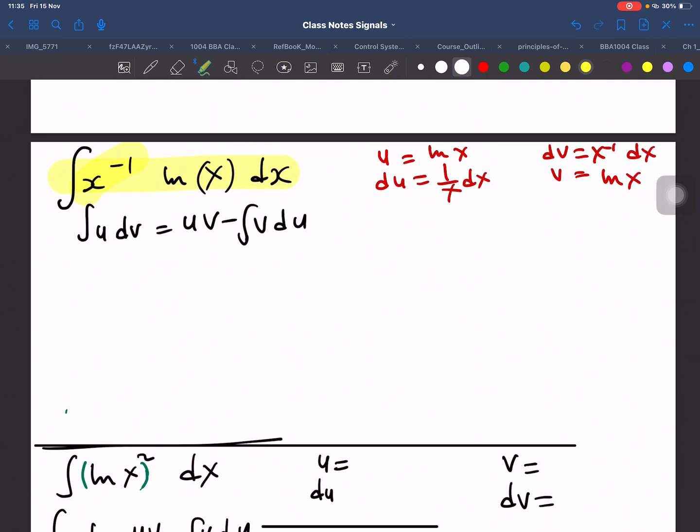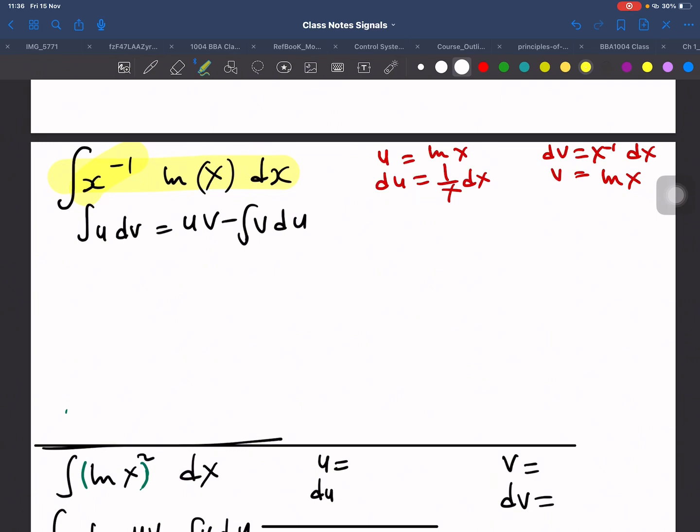If you choose one, the other one becomes dv with the dx there. So now I choose ln x to be my u. Therefore, dv will become x raised to the power minus 1 dx, and du will become the derivative of ln x, that is 1 over x dx. And then v will be the integral of x raised to the power minus 1, which is equal to ln x.